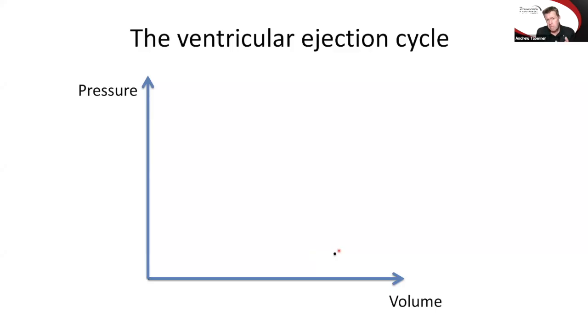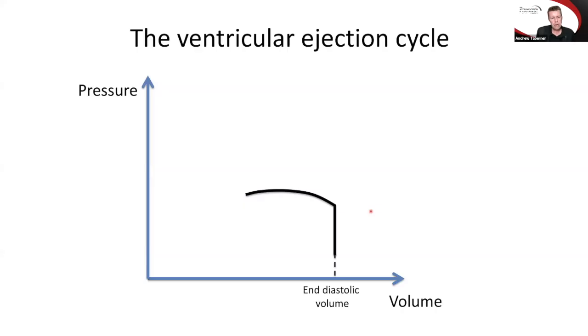When an electrical impulse is created in the heart's tissues, that impulse induces an increase in pressure. So the pressure increases, and then once that pressure is sufficiently high to open the valve and overcome the pressure of the circulation, the heart will now begin to shrink as it ejects blood out through the circulation.